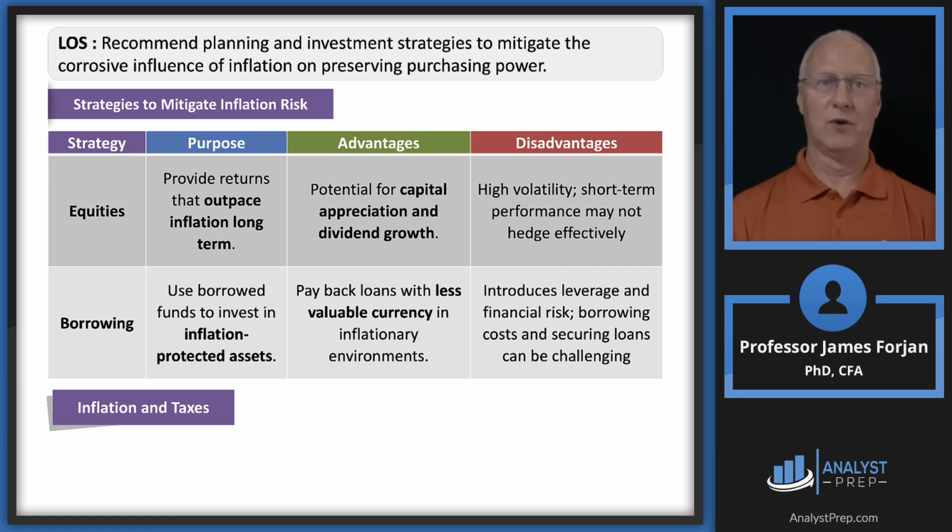Now, how about switching over to the floor of the New York Stock Exchange? What can we do? I mean, we can invest in a well-diversified portfolio of equity securities that are selected based on their ability to act as hedges against inflation, meaning that their returns will outpace inflation over the long term.